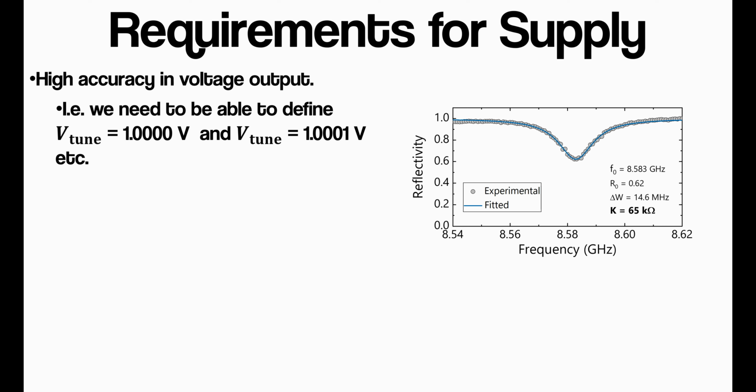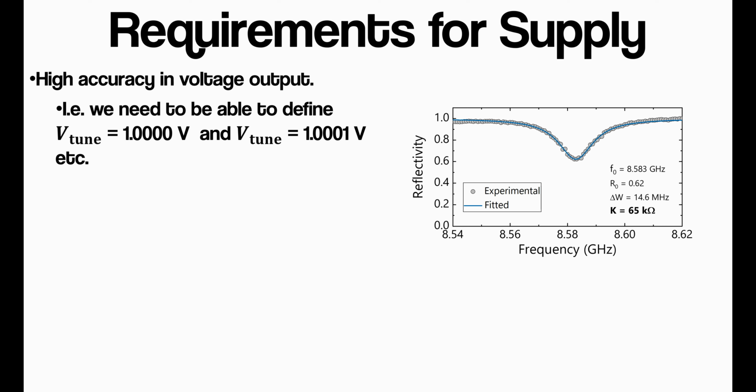So in particular, you have to have a voltage supply which is able to accurately output a voltage of, for example, 1 volt, and then a voltage of 1.0001 volts, and it needs to be able to separate these out because we're going to be having a very small window of frequency, but it could be a long way away from the beginning of the output frequency range of the VCO.